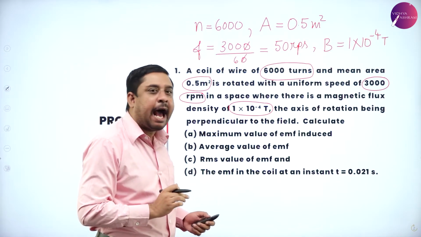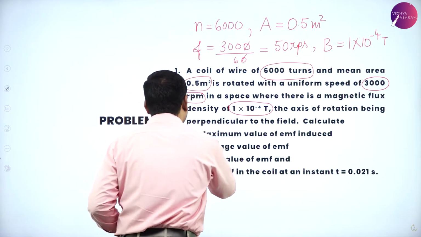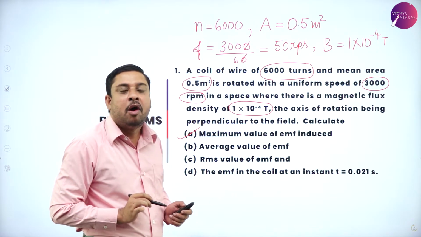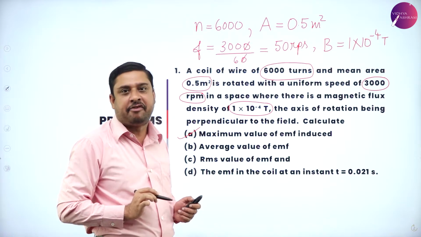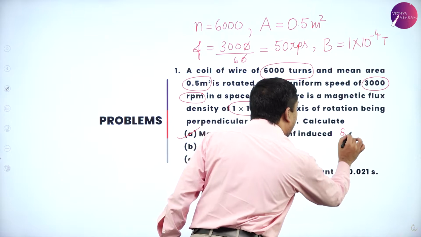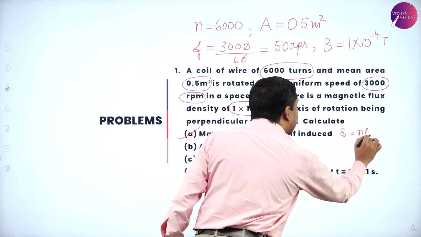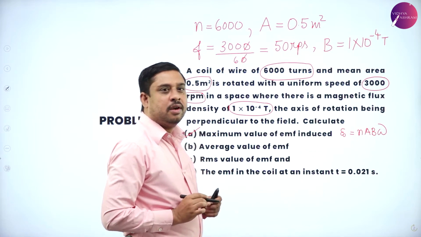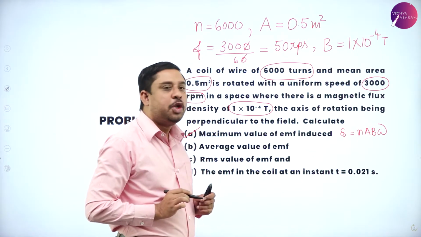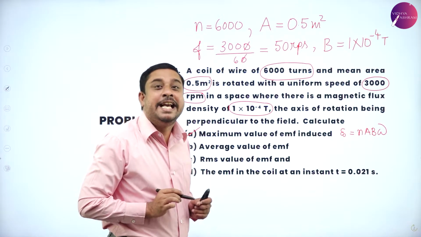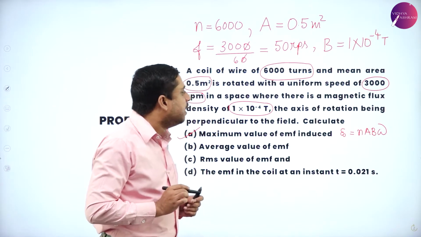Now, the first thing I have to calculate is the maximum value of induced EMF. Maximum value, E naught, is N A B omega. So the maximum value of induced EMF E naught is N A B omega.